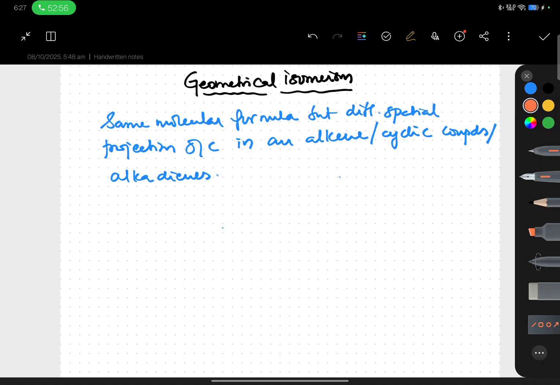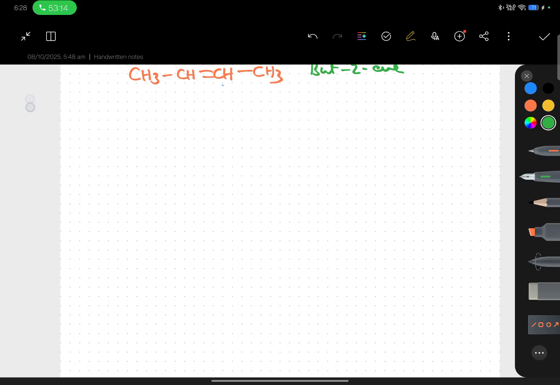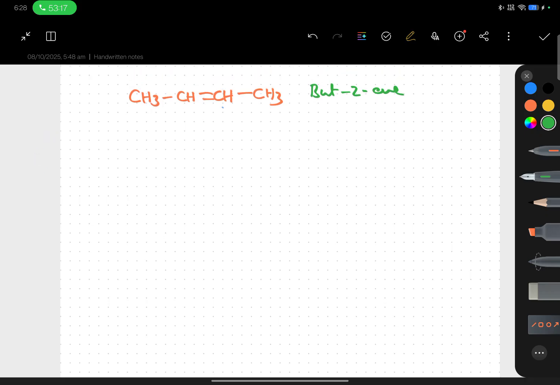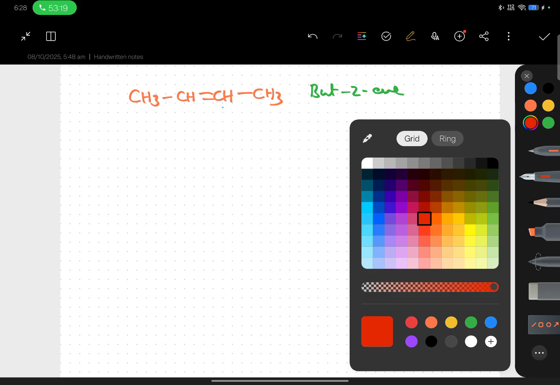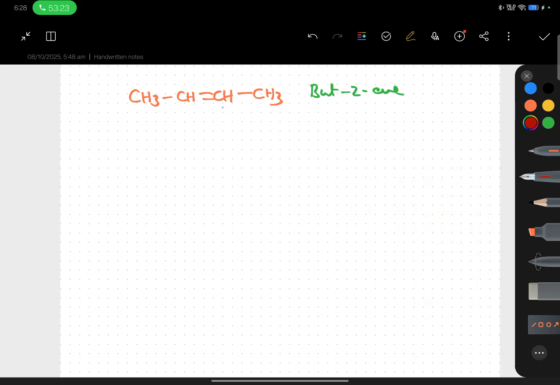For example, you take CH3, single bond CH, double bond CH, single bond CH3. What is the name of this molecule? Butene. So how to draw the geometrical isomer? Are you following, Rifa? Yes, sir.